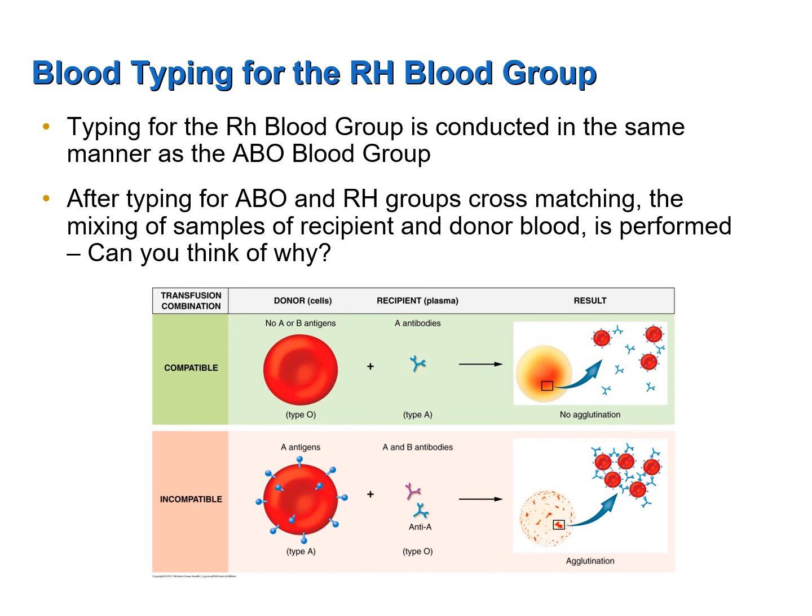And I said, usually being the key word, the only blood groups you have to worry about are the ABO and the Rh blood groups. But that is not always the case. Potentially, the other 28 blood groups could cause transfusion rejections. So to make sure that doesn't happen, you mix both the donor and the recipient blood samples with one another and you look for agglutination. If you don't find agglutination, you can proceed with the transfusion.